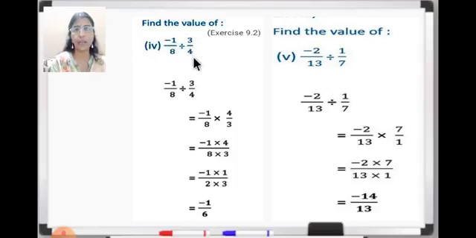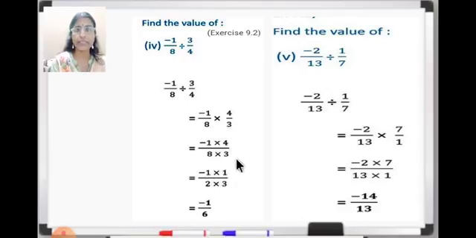So we have learned how to divide rational numbers. Here, first this rational number will be written as it is, minus 1 upon 8. This division will become multiplication, but then this rational number we have to write in reciprocal form. And the reciprocal of 3 upon 4 is 4 upon 3. So next step you see, in the numerator minus 1 into 4 will be there, and in the denominator 8 into 3 you have to write.